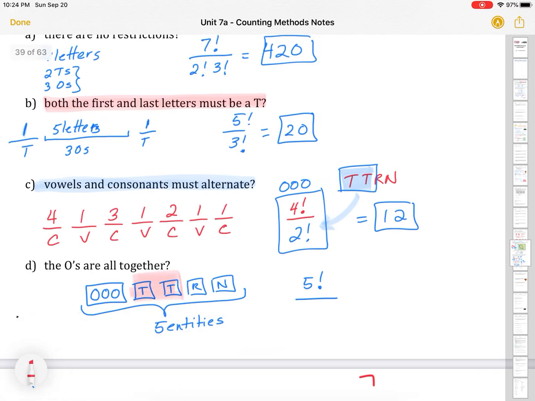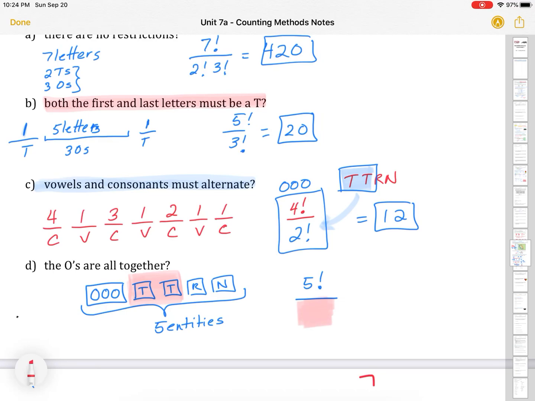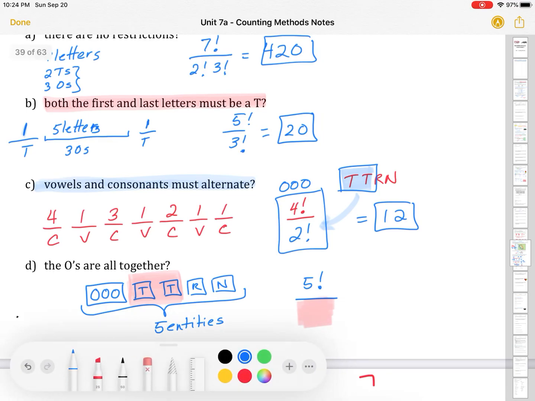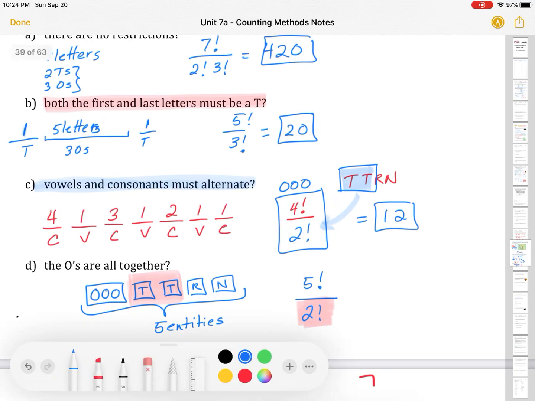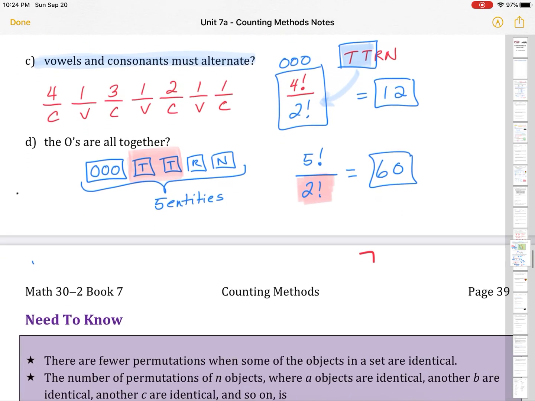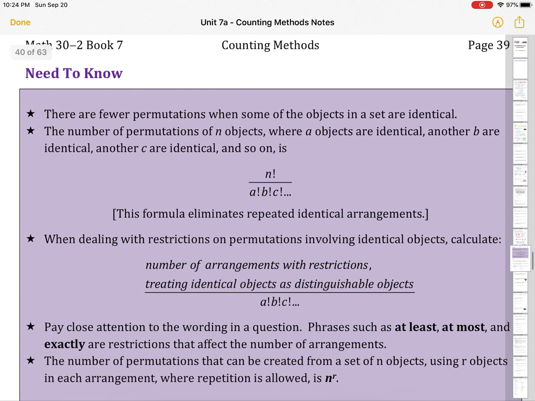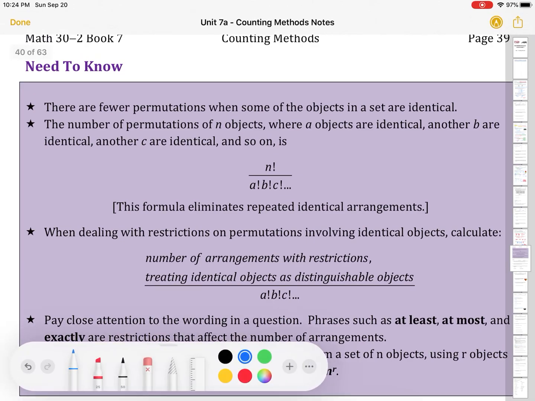However, with my entities, I still have those two identical T's. So those are going to be accounted for here with a 2 factorial. Even though I have 5 entities, 2 of them are still identical. I have to take that into consideration, and that will give me 60 for my answer.